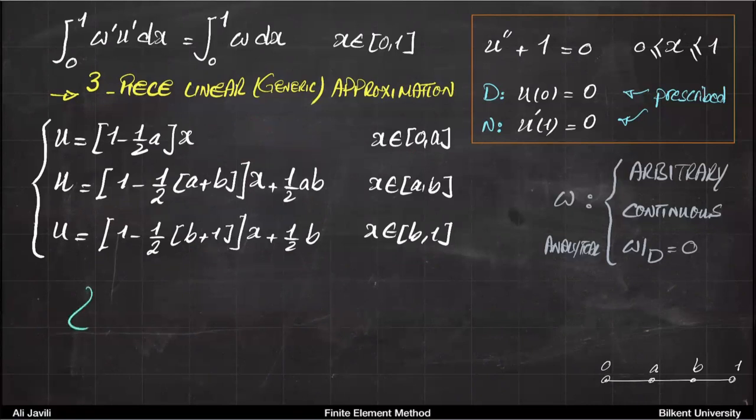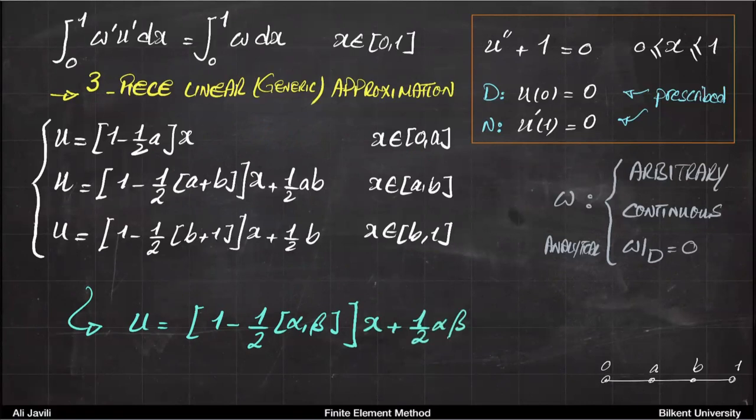So you can just generalize this and say, well, U is 1 minus 1/2 of, let's call it alpha and beta, times x plus 1/2 of alpha times beta. And that could hold for any alpha and beta.